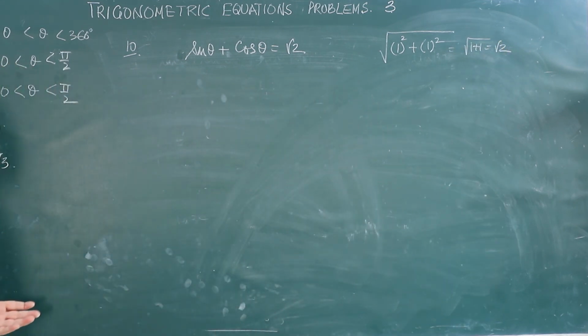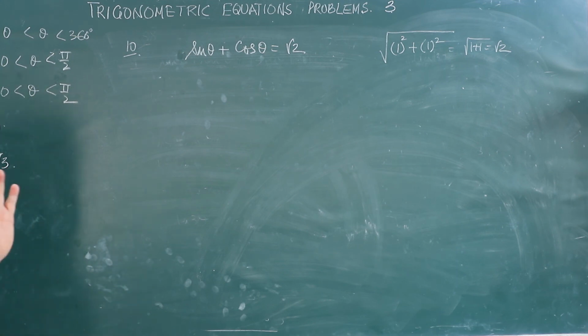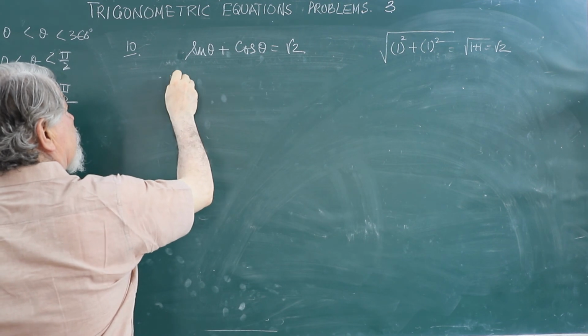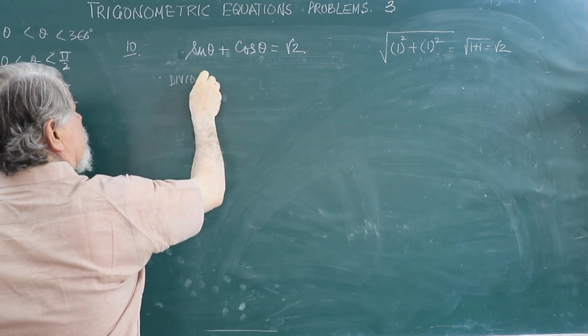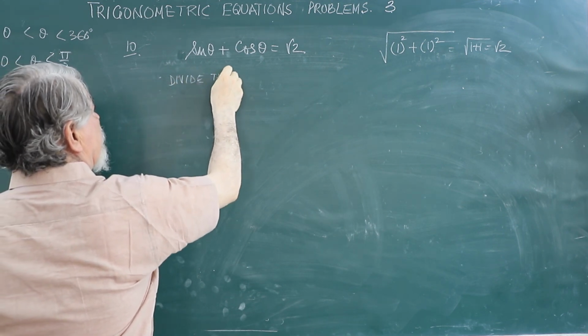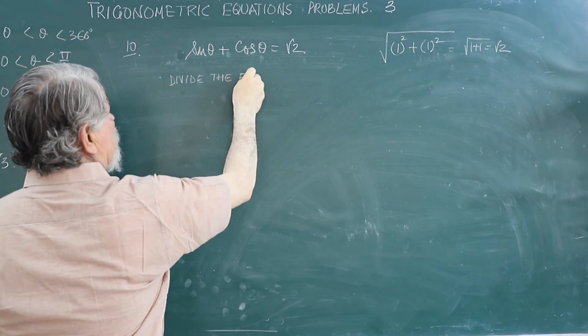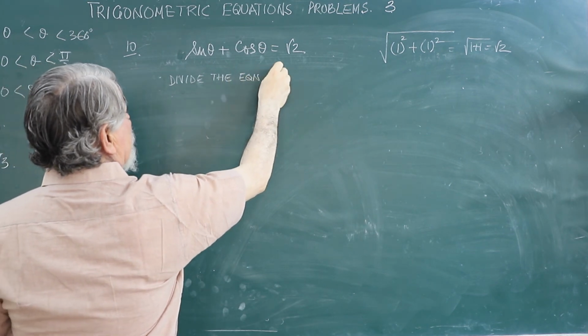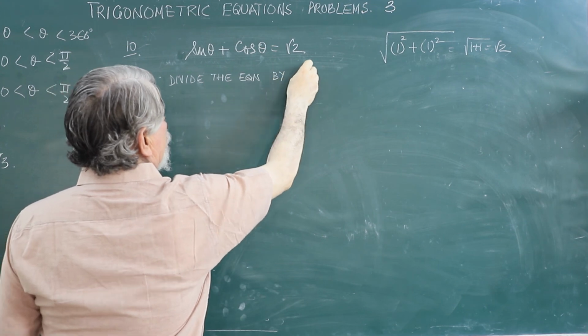What you do is divide the complete equation by root 2.